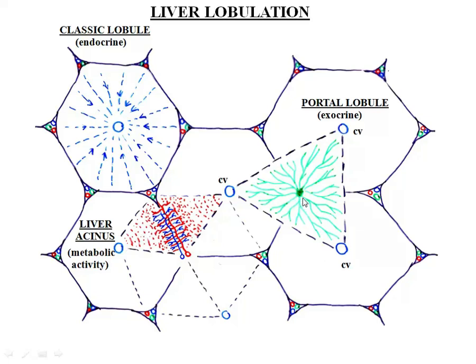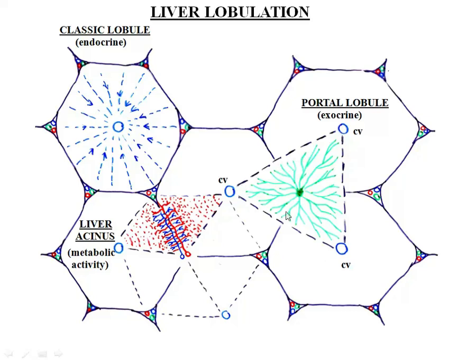But all these canaliculi collect and form a single bile duct, and they pour the bile into the bile duct. From this triangular area, the bile is collected to the triad, and from the peripheral portions of the hepatic lobules, the blood pours and goes to the central portion.